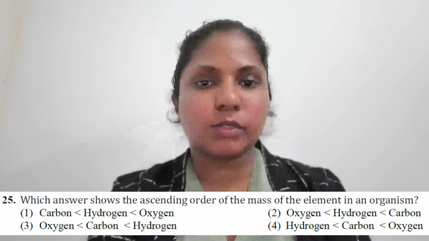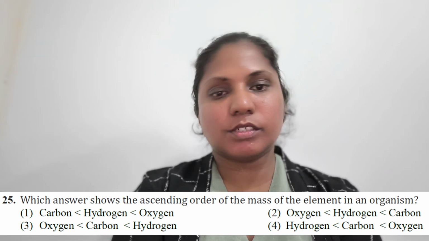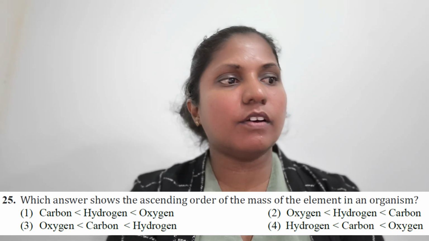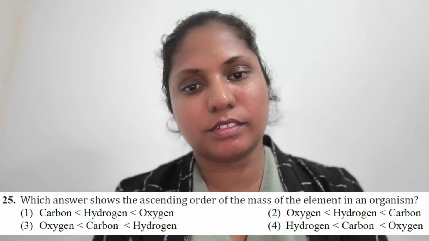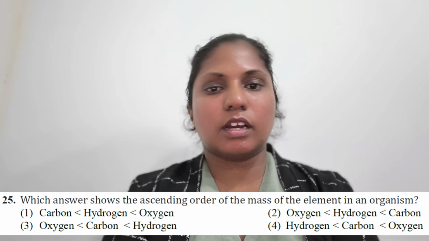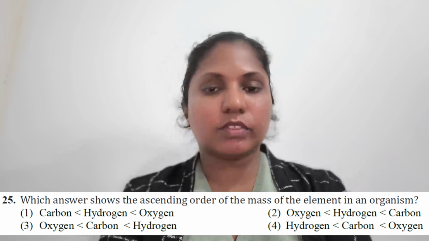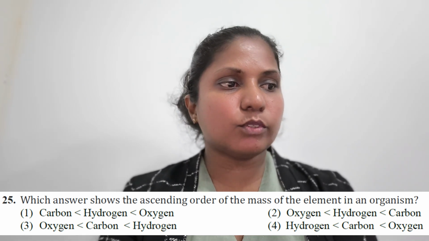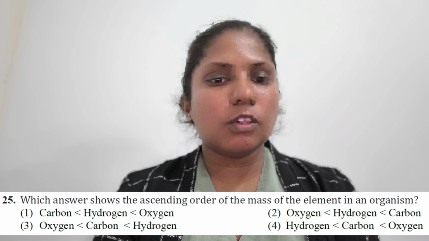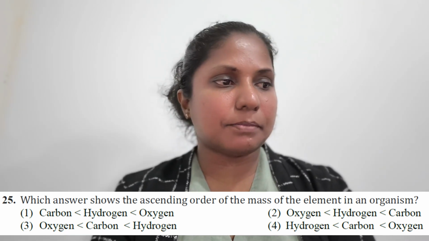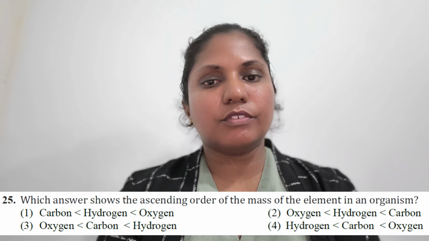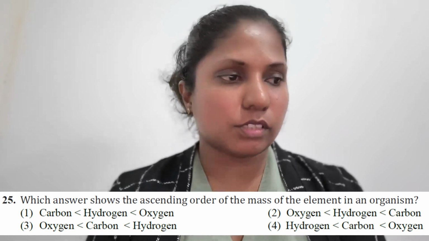Right, question number 25. Which answer shows the ascending order of the mass of the element in an organism? So to understand the answer for this question, you have to remember all the mass percent ratios that are present inside of the biological bodies.